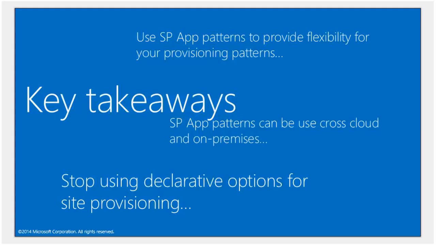So don't think about the cloud as an exception. And the one thing I wanted to mention, I know that might be controversial, is to stop using declarative options for site provisioning. We have identified certain issues where multiple customers are facing challenges related to, for example, site columns and content type provisioning using the feature framework and element XML files.